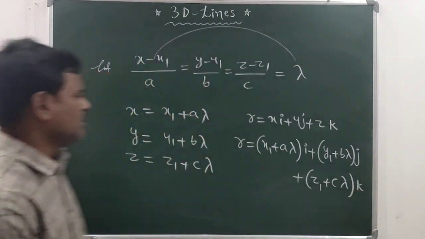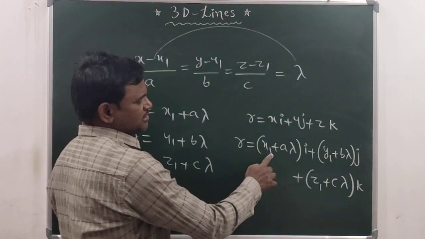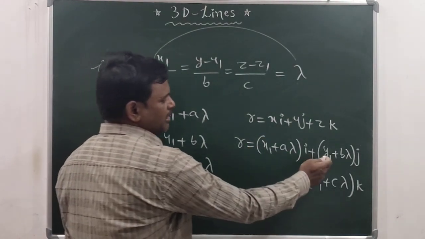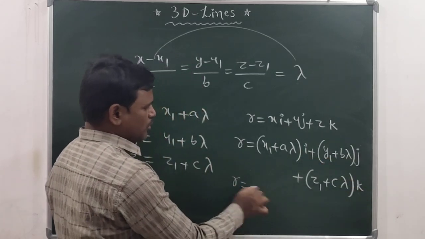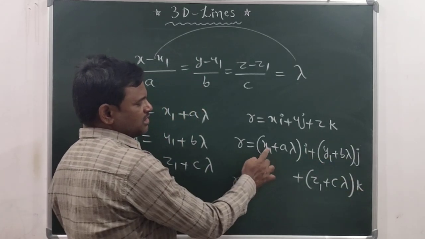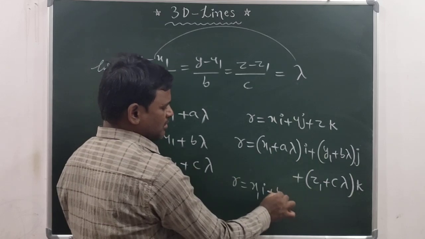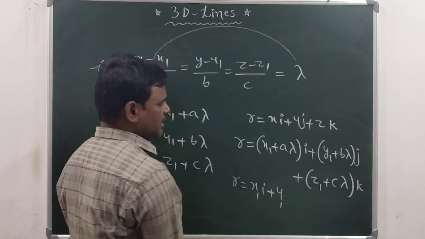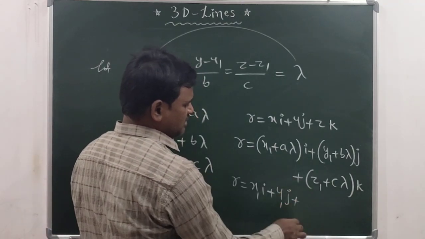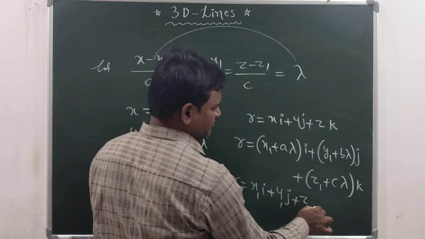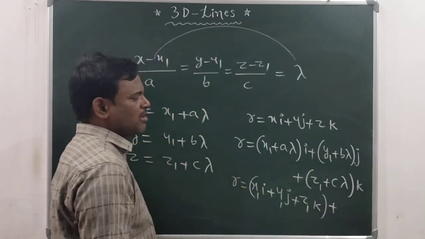Okay, right. Now in the next step, from all this, what do I want to take common? i here, j here, k here, no? So r equal to, see this one I am going to write x1i plus y1j plus z1k, plus, take lambda common.